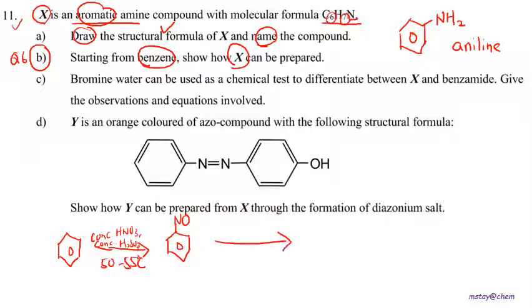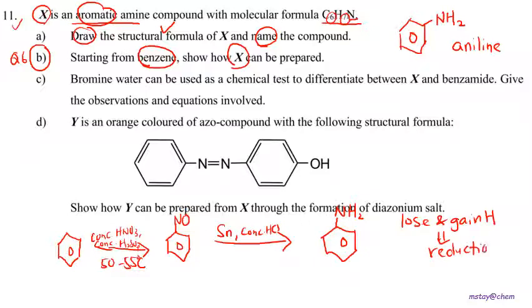And then the nitrobenzene undergoes reduction. This reduction process is very specific in that we need to use a metal, stannum in concentrated HCl, where the NO2 nitro group will become NH2.